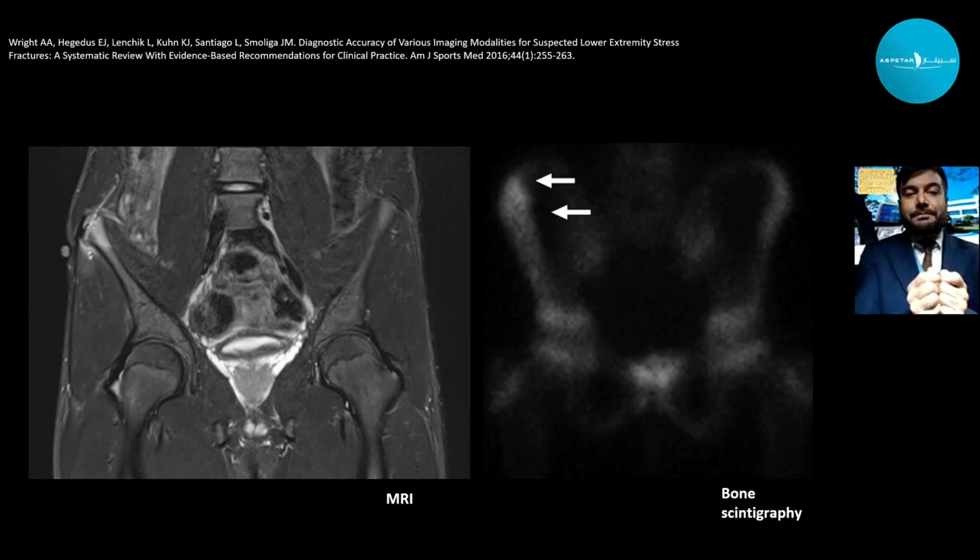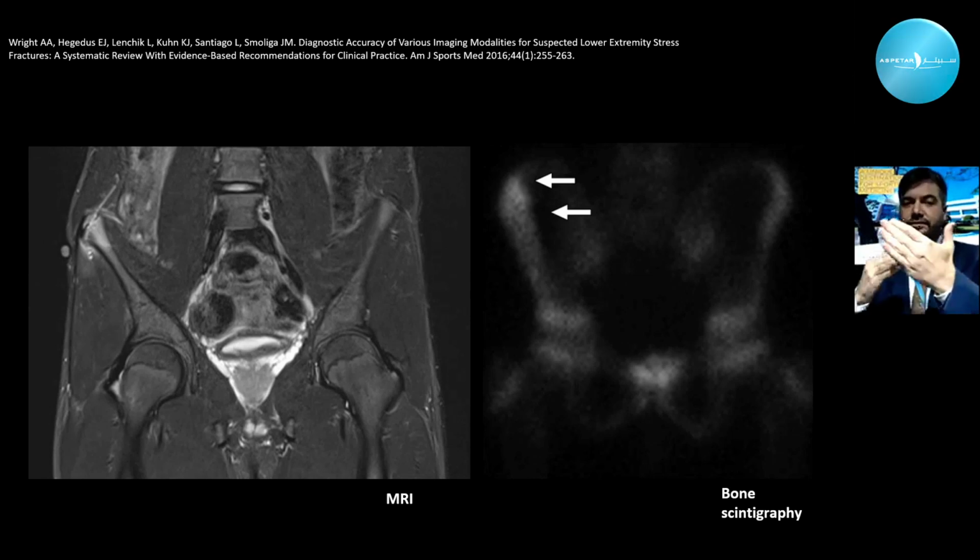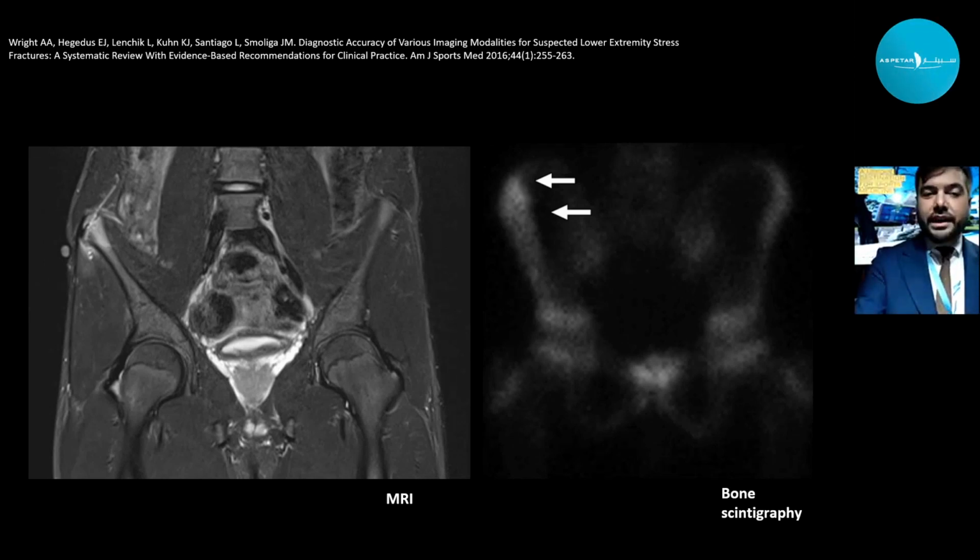It is not so specific. You see an uptake in the bone scan, but sometimes it's very difficult to know if it's an inflammation, a bone tumor, or a fracture. However, in MRI, we have much better resolution and detail and we can assess much better. Plus, MRI doesn't use radiation and you don't need any injection.